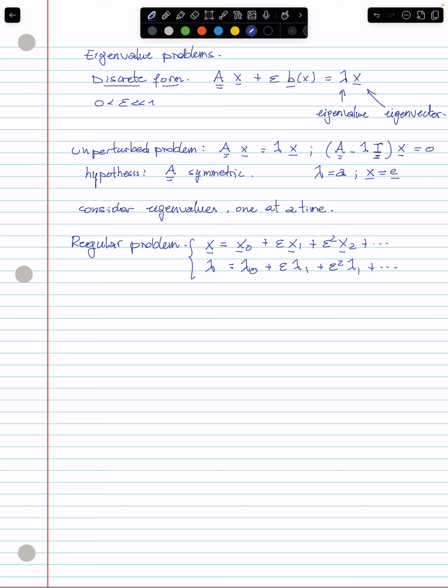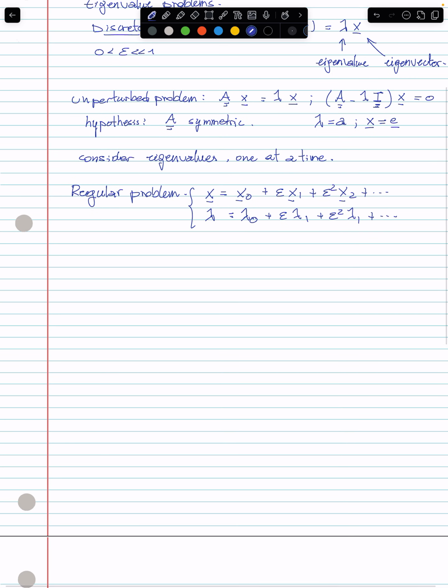Then we notice that x0, as expected, is equal to E, the eigenvector that we are interested in, and lambda 0 is equal to A. That will come naturally soon anyway.